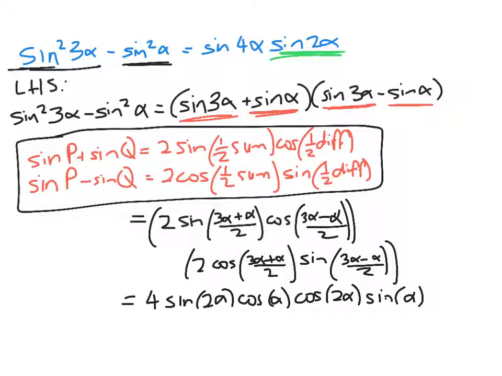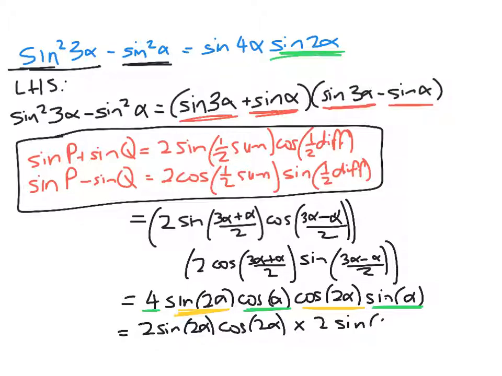So we can see that we're going to regroup in here. We're going to split that 4 up into 2 2's. We've got cos alpha and sine alpha, and we've got cos of 2 alpha and sine of 2 alpha. So now we're going to have 2 sine 2 alpha cos 2 alpha times 2 sine alpha cos alpha.